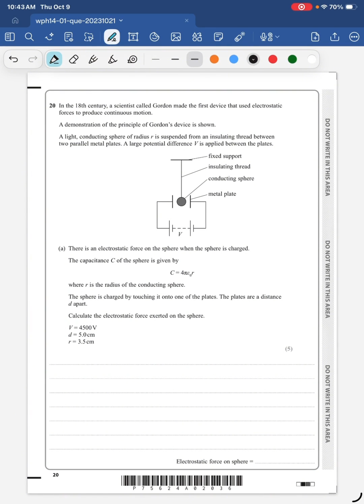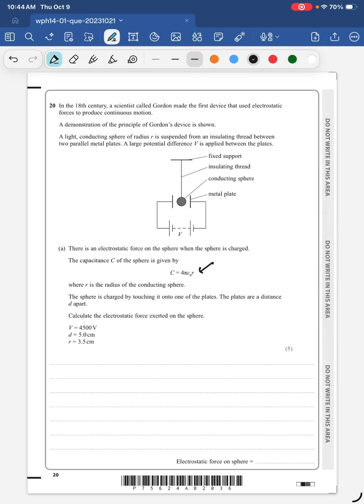So we have a light conducting sphere of radius r suspended from an insulating thread between two parallel metal plates. A large potential difference V is applied between the plates. There is an electrostatic force on the sphere when the sphere is charged. The capacitance C of the sphere is given by this formula.